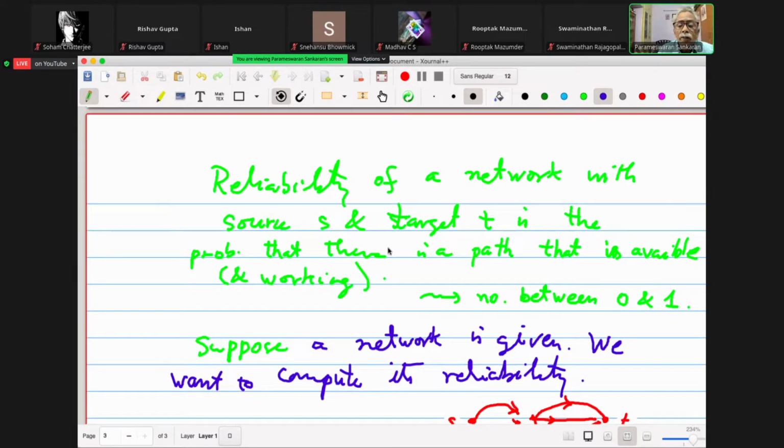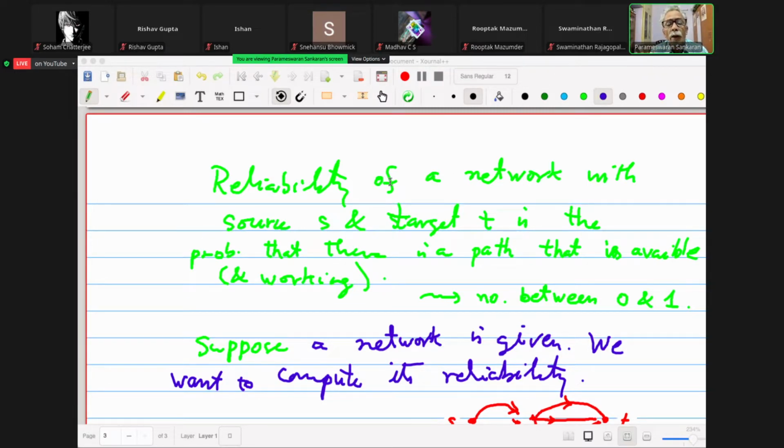Reliability of a network with source S and target T is the probability that there is a path that is available and working. So this probability is being described in terms of what is called the realization.